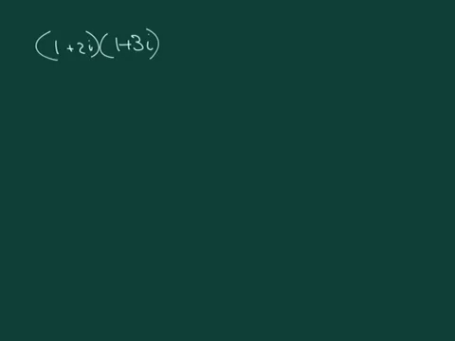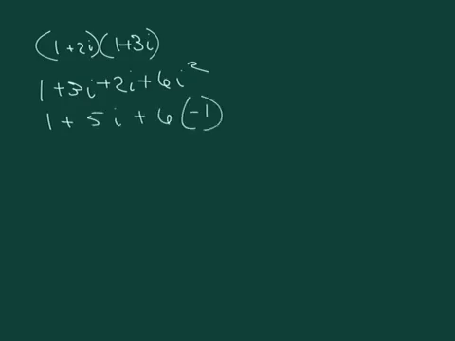Doing the FOIL method, F, O, I, L, 1 plus 5i plus 6i squared, which is -1. So we have 1 plus 5i minus 6, so -5 plus 5i in the form a plus bi. Okay, not too bad there.